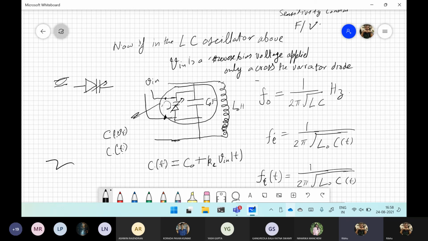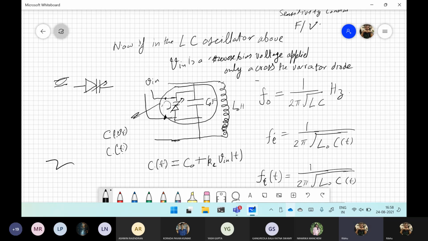Maybe you guys can check, because there are practical voltage controlled oscillators available in the market. They are available as ICs, and if you come here next semester and I get to teach you the lab, we will actually work with voltage controlled oscillators. The 555 timer is a voltage controlled oscillator in some sense. Do you know the 555 timer, guys?